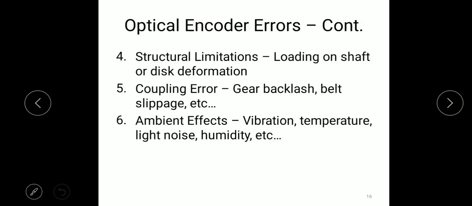Structural limitations: loading on the shaft. While the disk is rotating, deformation may take place, so we need to take care of the disk deformation. If it is deformed, then the light may not be transmitted from the source to the sensor.